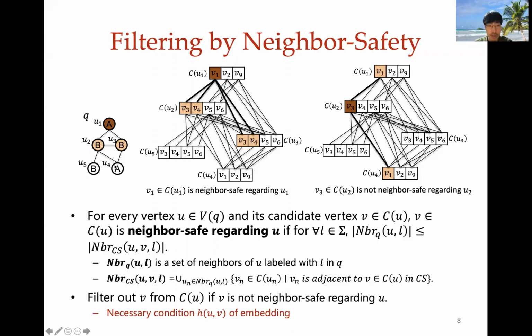So in this example, let's say we are given U2 in a query graph and V3 as U2's candidate vertex.